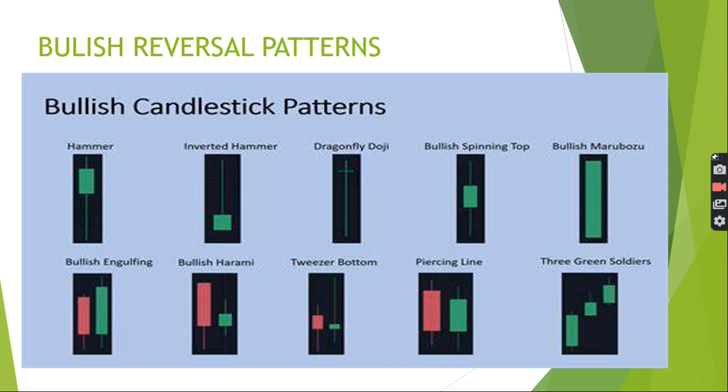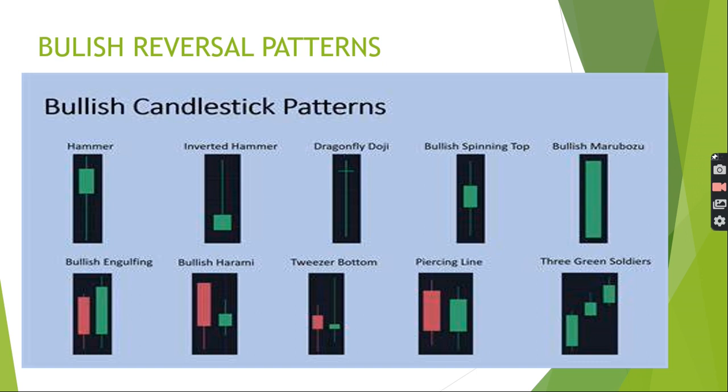So these are some of the bullish reversal patterns, just as mentioned previously. For those who don't know how they look, this is what they look like: the three green soldiers, the spinning top, the piercing line, the tweezer bottom, the dragonfly doji, inverted hammer, and bullish engulfing pattern.